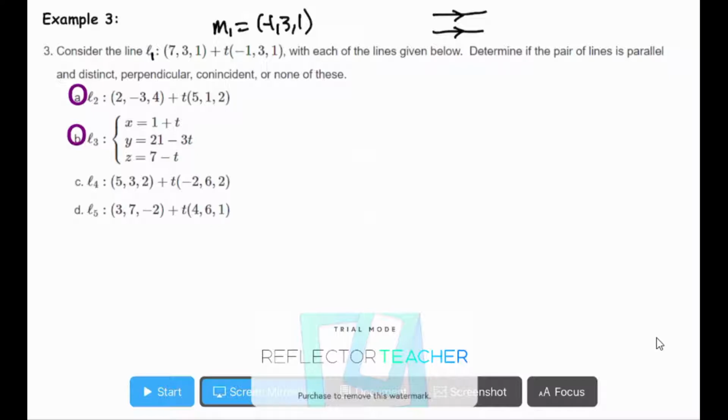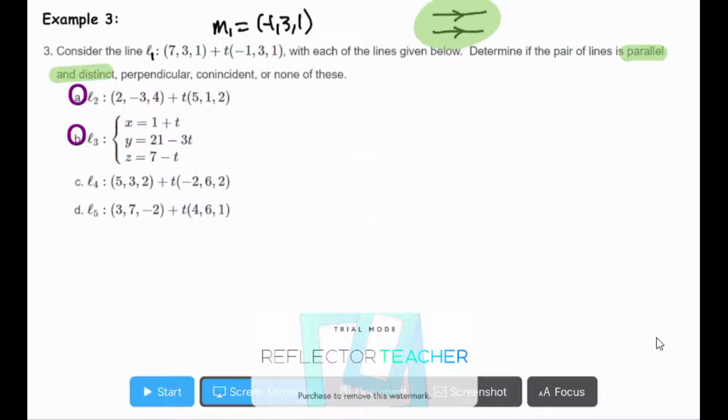And notice it says parallel and distinct. So how would they be parallel and not distinct? Basically, if they were the same line. So if they were coincident, so let's color code this. Parallel and distinct is our situation up here.